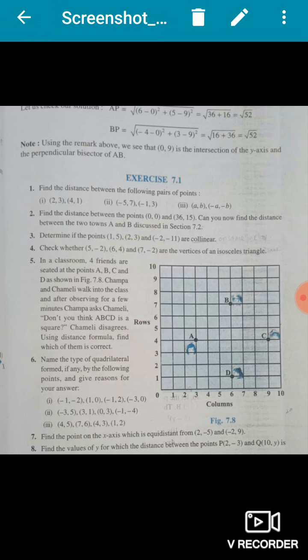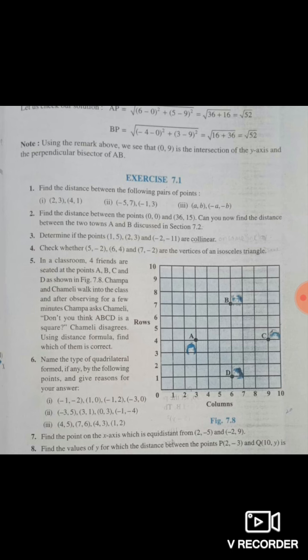Okay, coordinates of 2 points will be given to us and we have to find the distance between them, and how we will do that, we will use the distance formula.